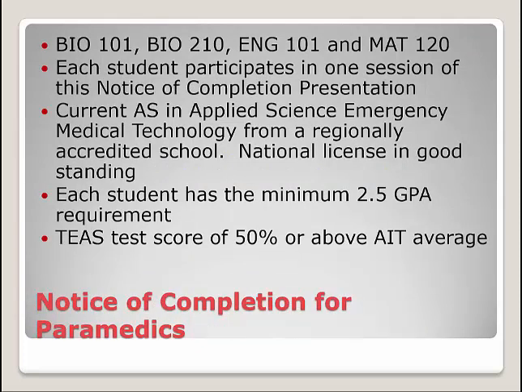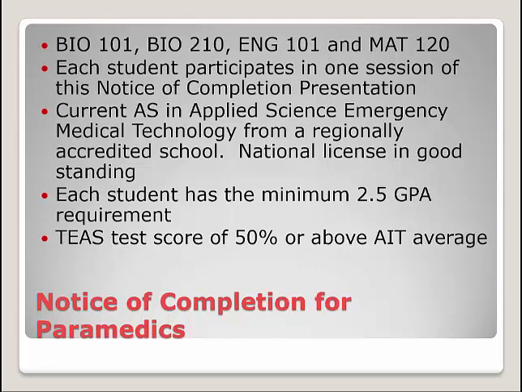Notice of Completion for paramedics. Please note the requirements for the Notice of Completion if you are coming into the transition nursing as an associate degree paramedic. You will follow the guidelines described on the previous slide with these revisions. Your associate degree in applied science must be in emergency medical technology and appear in our student record system.